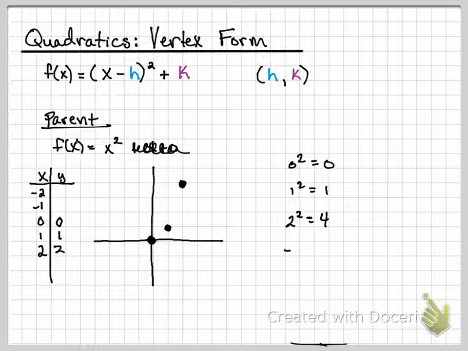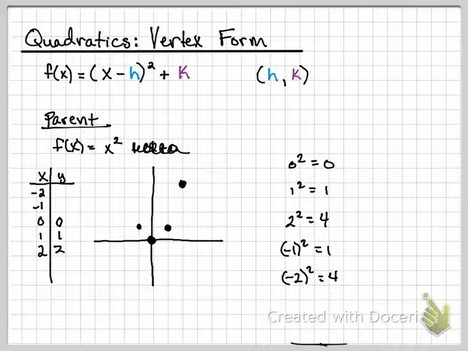And if you go back and think about it, -1 squared is also 1, and -2 squared is also positive 4. This has a pattern that we've noticed. You have an axis of symmetry there at 0, which is -b over 2a. 0 over 2a is still 0, so the axis of symmetry is there.